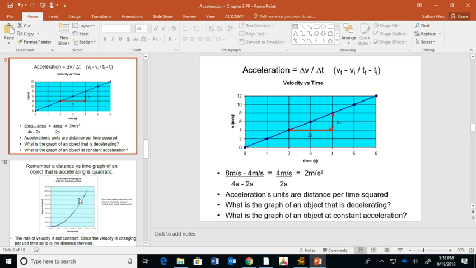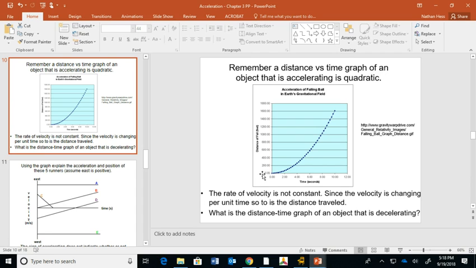If we're doing a distance time graph, it's going to look like this. Notice it has this quadratic shape to it, a bit of a parabola. And that's because as time goes on, my velocity increases. Well, if my velocity increases, I'm going to cover more distance in the same time.